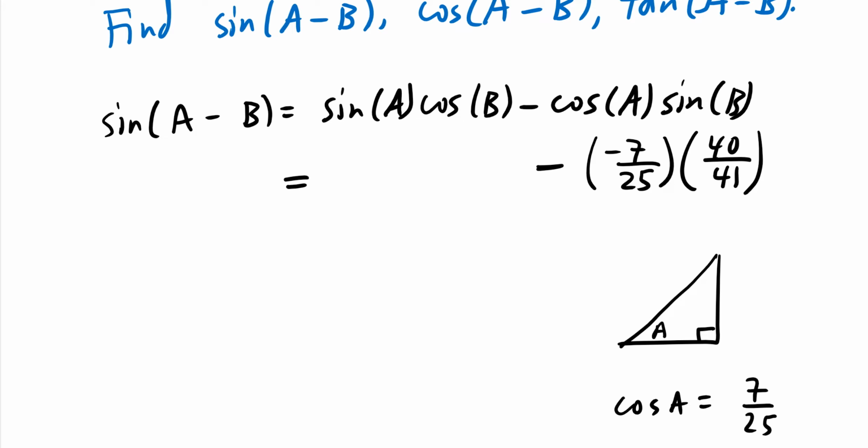Cosine is the adjacent over the hypotenuse. It would be really nice to know the Pythagorean triples, and I'll list some of them in a minute. 7, 24, 25 is one of them. That saves a lot of work if you know it. So from here I can find what sine A is: opposite over the hypotenuse.